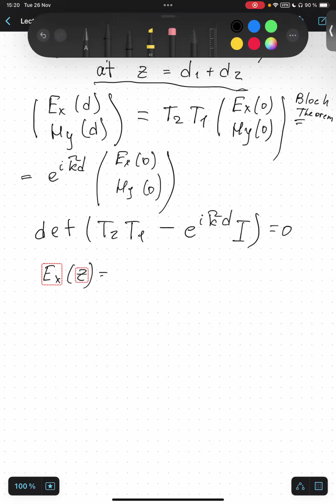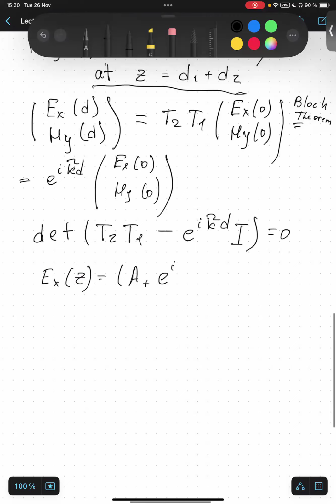So mathematically, we can describe it like this: A plus e to the power i kz z plus A minus e to the power minus i kz z.